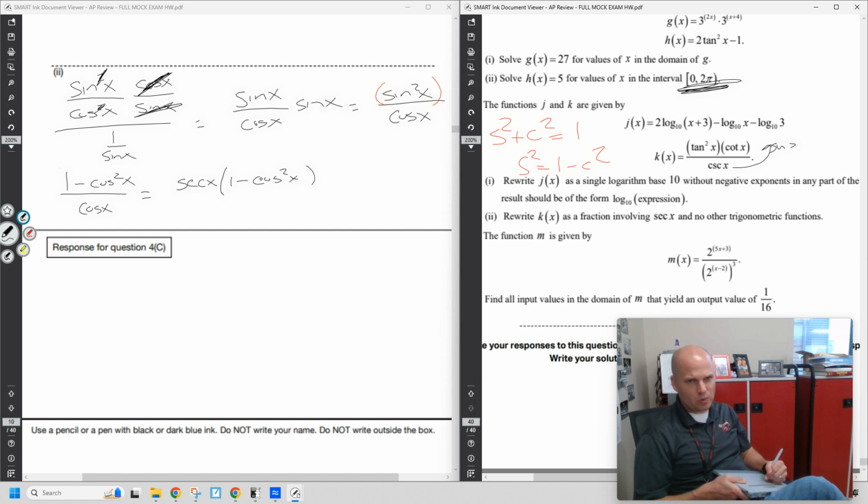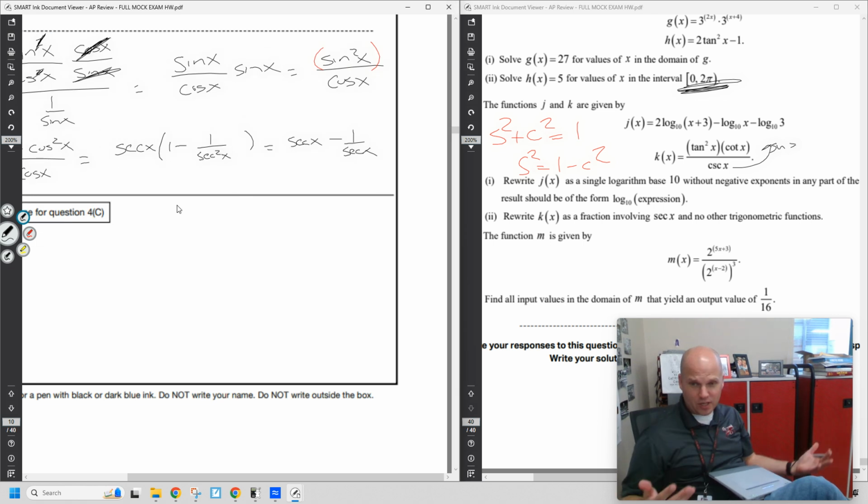But cosine squared here can actually be turned into a secant squared down here. I'm going to distribute the secant, and I get secant x minus 1 over secant x. Now, that's not what they're looking for because it's not one fraction.